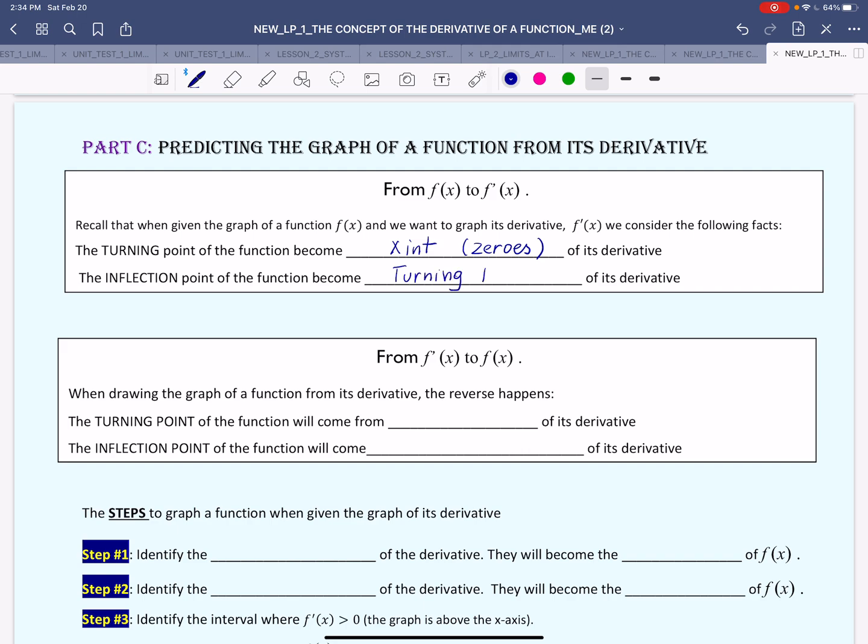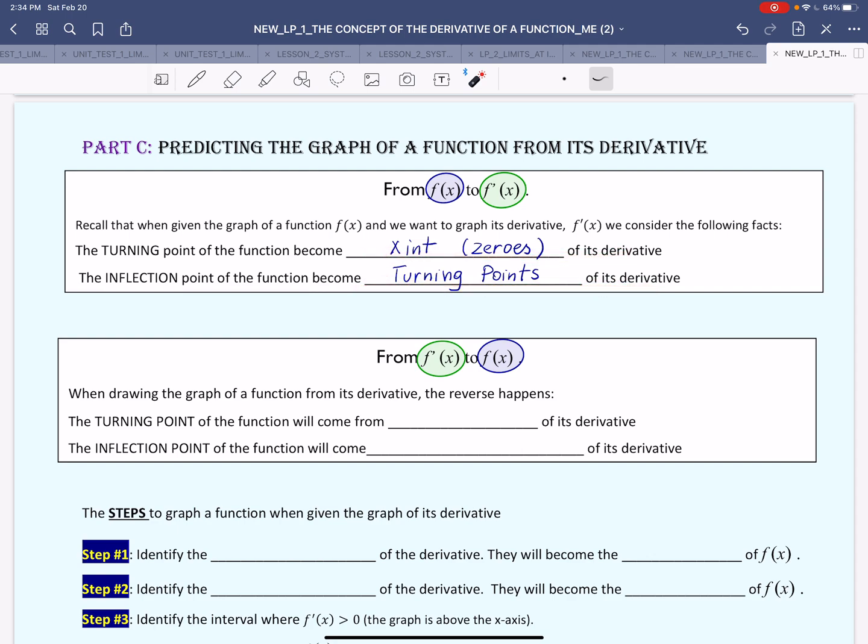Now, obviously, we have to use these relationships, but if we are going from f prime x to f of x, so remember here we were at f of x, and we went to f prime x. But if we start from f prime x and want to obtain f of x, we have to use these same relationships, but read them the other way around.